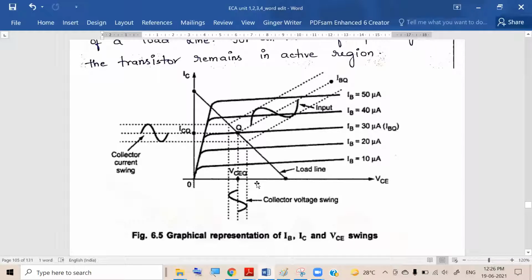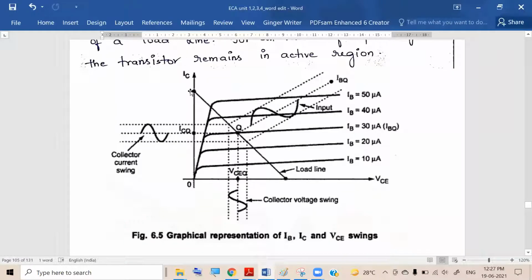So the maximum swing along the x-axis will be equal to the x component where this straight line intersects the x-axis. The maximum peak-to-peak signal swing will be from here to here for VCE voltage. Likewise, the maximum IC swing will be from the point 0 to this point.